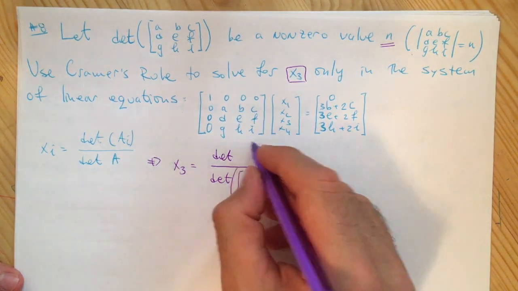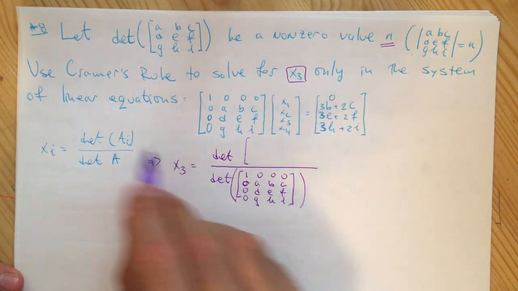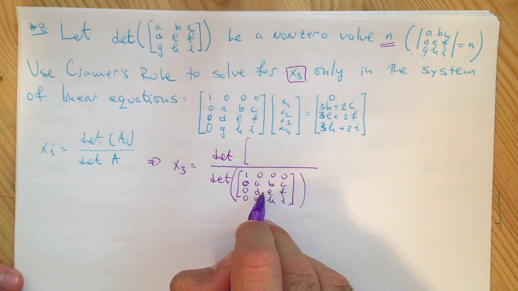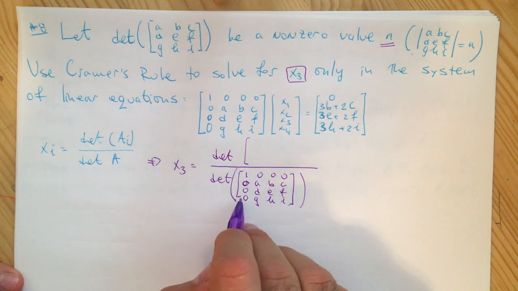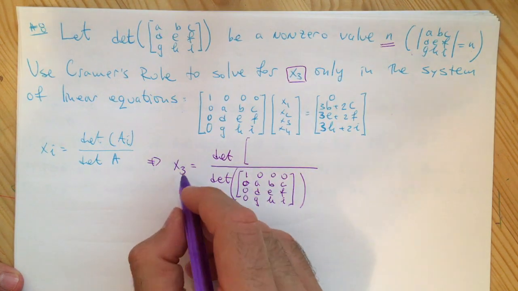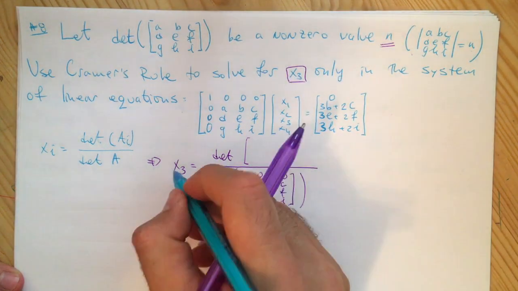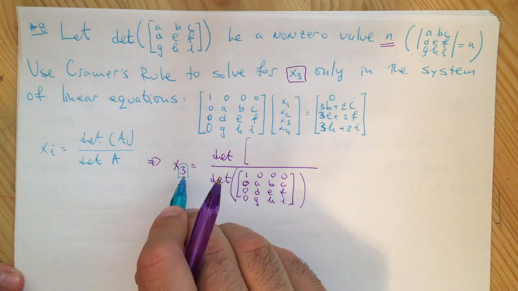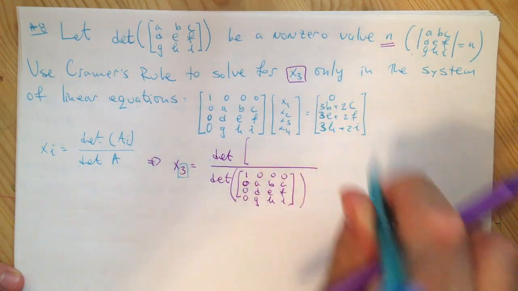And in the numerator, I have the determinant of A_i, consisting of the columns of A, except that in the third column, instead of writing the third column, I'm going to write the constant term.